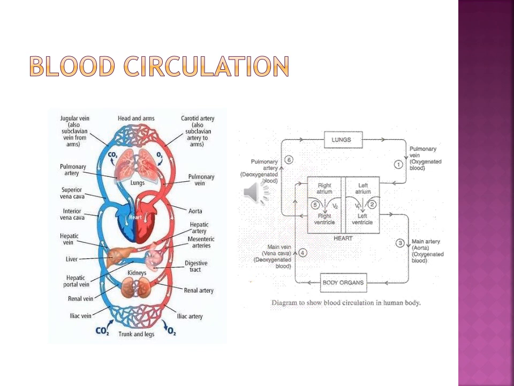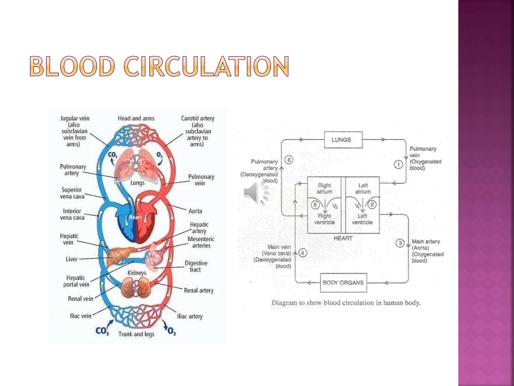So when the blood releases oxygen and mixes with carbon dioxide, it is now deoxygenated blood, meaning rich in carbon dioxide, collected from the body organs. Then it enters the right atrium. Here, carefully, not the right ventricle, first it goes into the right atrium.